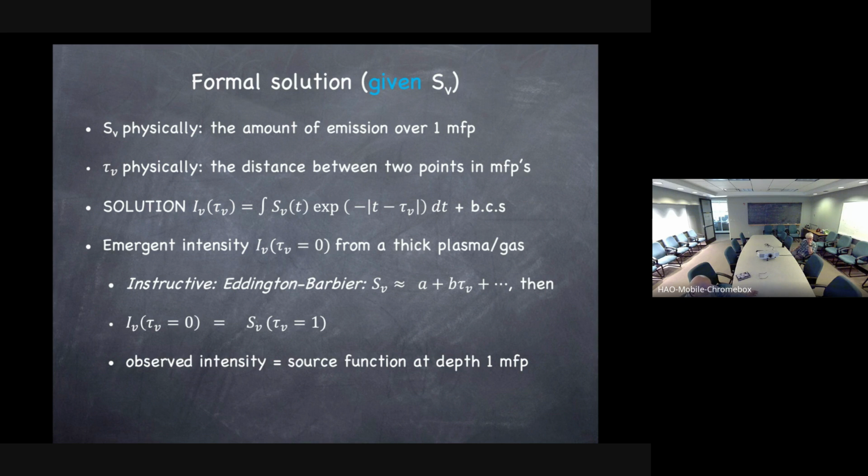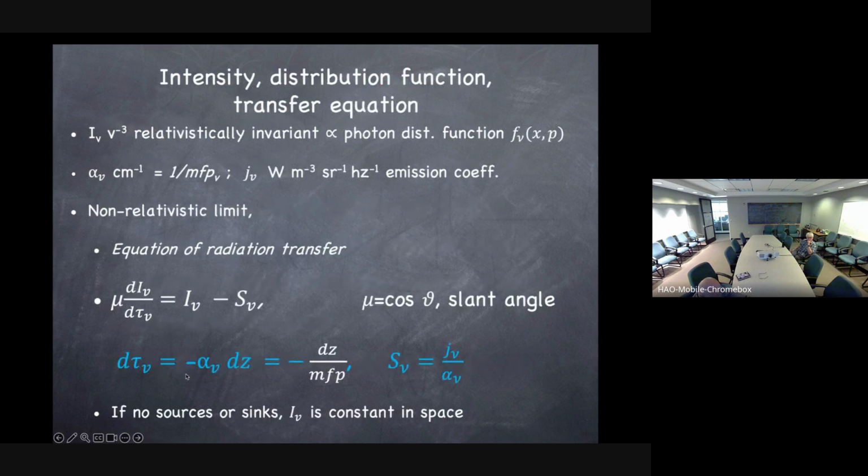We need the boundary conditions, and we need the equation of radiative transfer, okay? We also need the number tau, which is the number of mean free paths down into the atmosphere at that frequency.